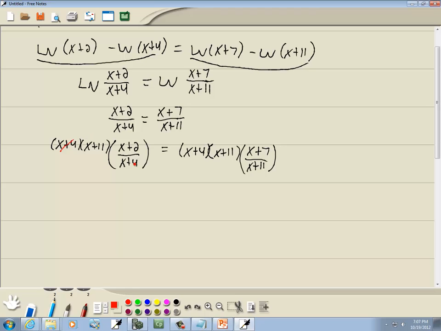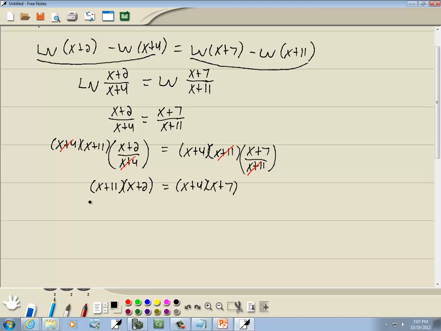Okay, the x plus 4 cancels this x plus 4. This x plus 11 cancels that x plus 11. Now here, we've got (x plus 11) times (x plus 2). And here we've got (x plus 4) times (x plus 7).